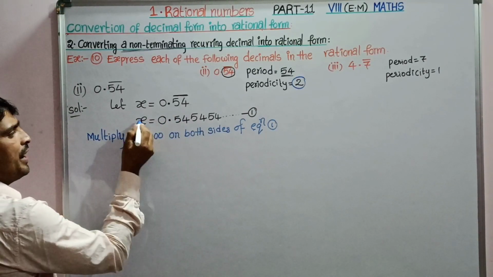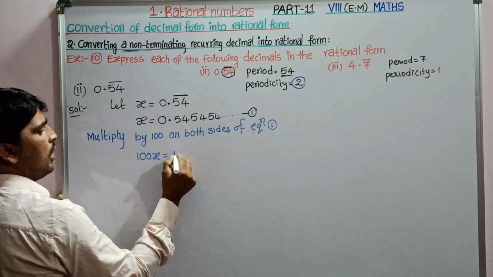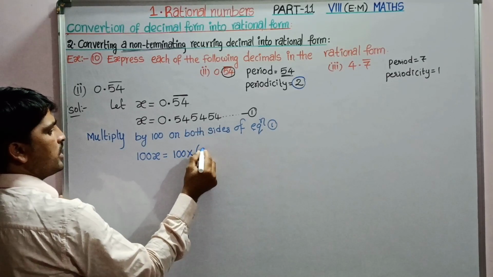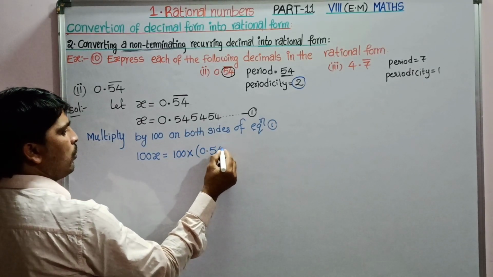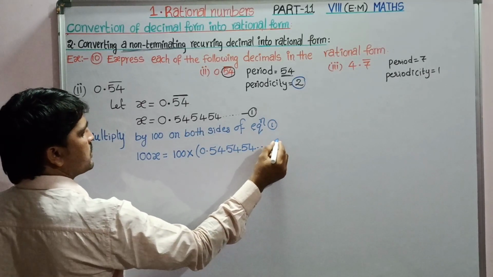So on LHS, 100 into x, we get 100x equal to 100 into RHS, that is 0.545454 and so on.